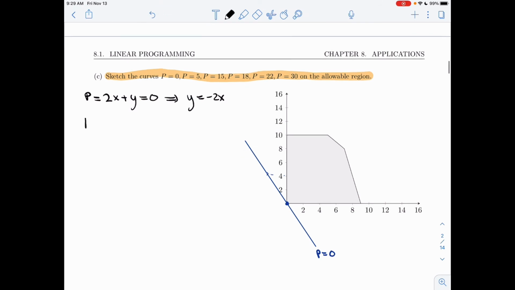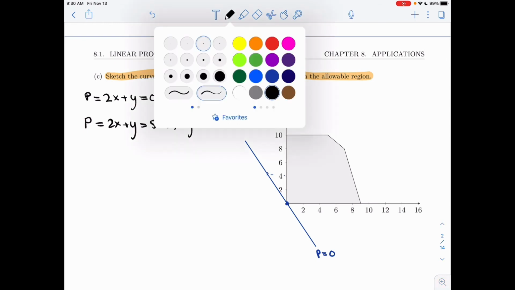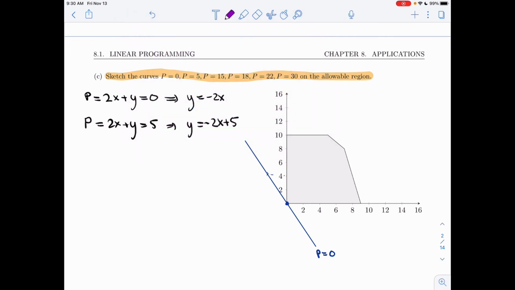Let's try p equals 5. If this is 5, that means that y is minus 2x plus 5. So already you should notice that I'll always get y equals minus 2x plus the value that I'm looking at. So all of these will be lines. Here I'm hitting at 5 and at 5 halves.